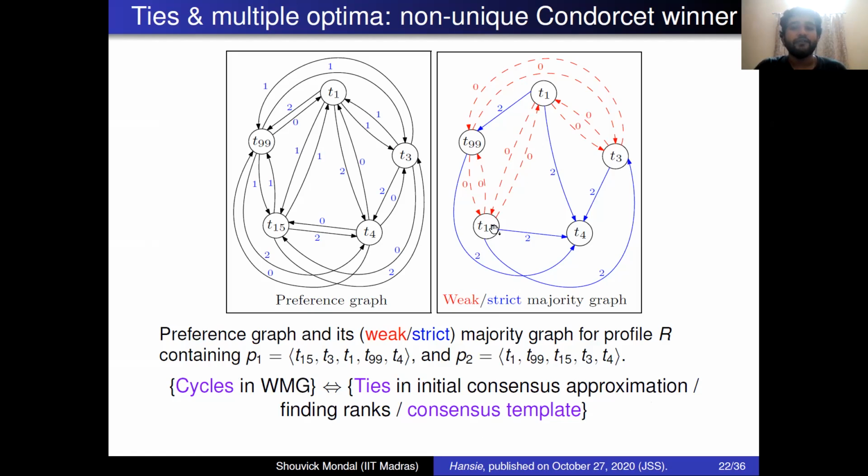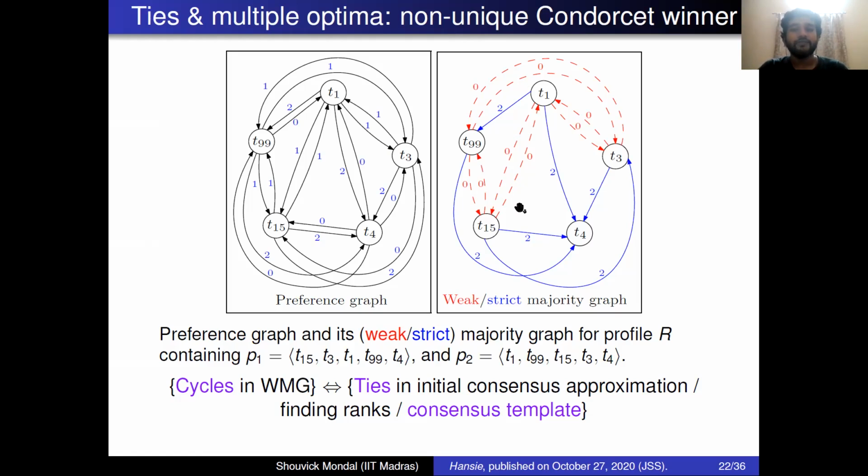We can see that they are reachable from each other, and there is a cycle of weight 0. Now these edges with 0 weights might seem prima facie useless, but they have an important connection to whether there will be ties in the rankings, whether there is a unique Condorcet winner or not, whether there are unique consensuses or not, and whether there is any optimal sequence that gives the highest agreement score. All this will come into play depending on whether there are cycles in the weak majority graph.